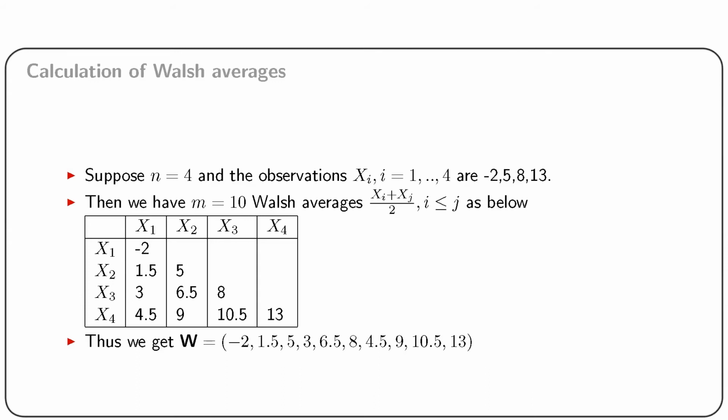Look at the first column where the diagonal element is -2. The next element is the average of -2 and 5, that is 1.5, which is placed just below -2 and so on. Now think of a single column comprised of the elements of each column, that is a total of 10 values. This column then gives the Walsh average values. Sorting this column, we get the ordered Walsh averages, that is the ordered values of W.